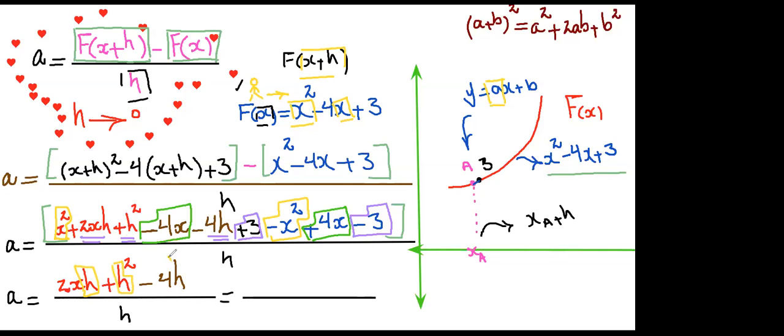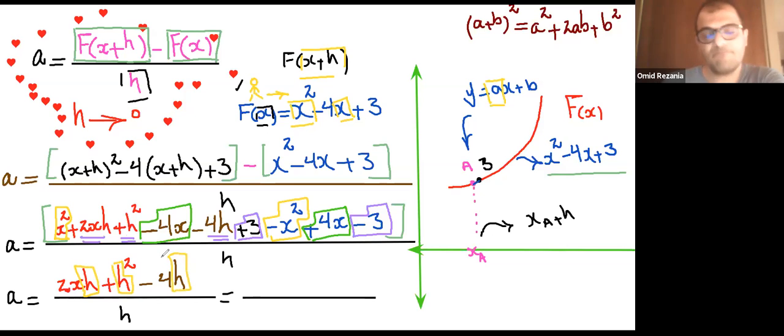I have h, and I have h. It is similar with all terms. It means that I can factor it. I can write h outside, and the rest of the terms should follow after that.